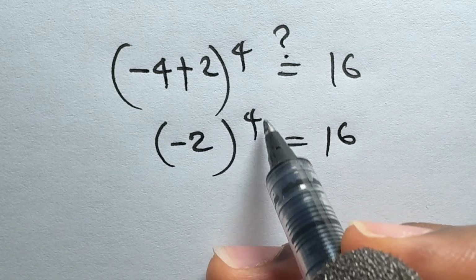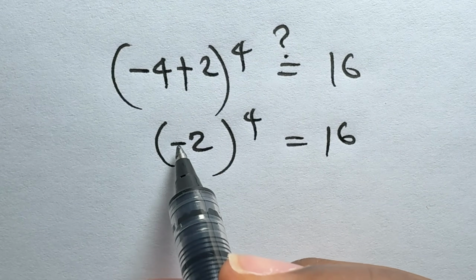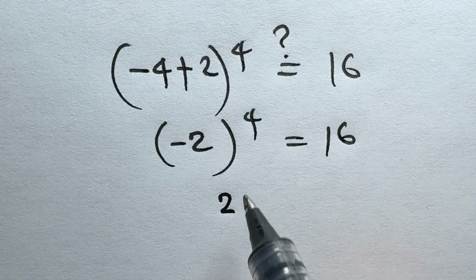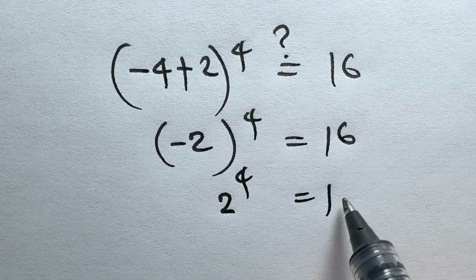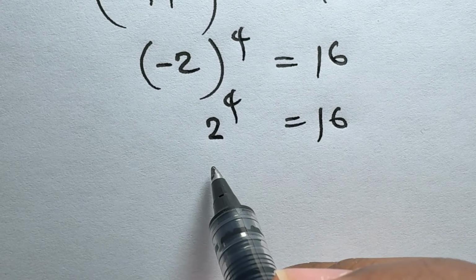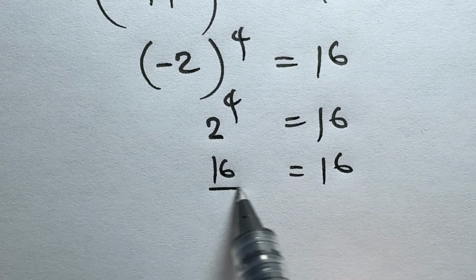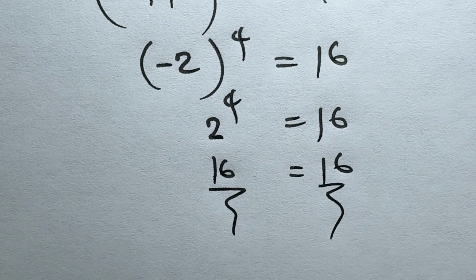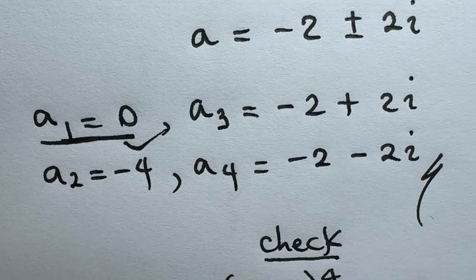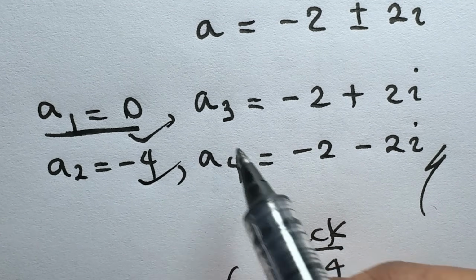Because the power here is even, this negative will be positive, so we still have 2 raised to power 4, which is 16, so 16 is equal to 16. Again, the left-hand side balances the right-hand side. That confirms that this second solution is also acceptable.